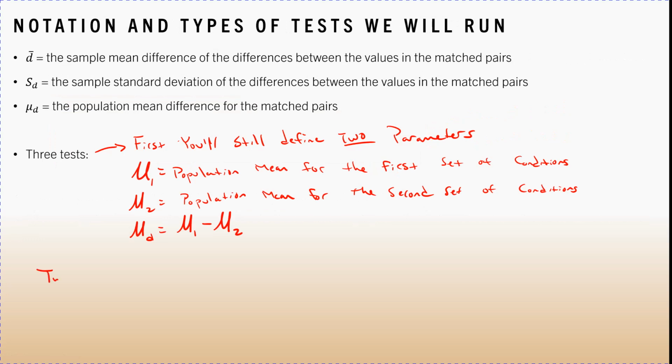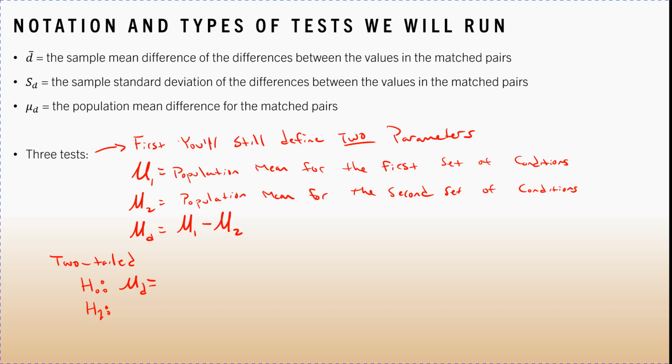We'll run a two-tailed test. Our two-tailed test will look like this. Your null is always a statement of equality.